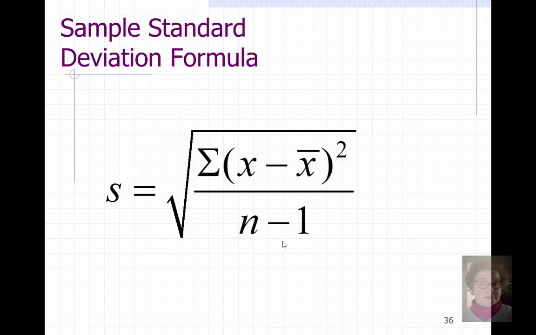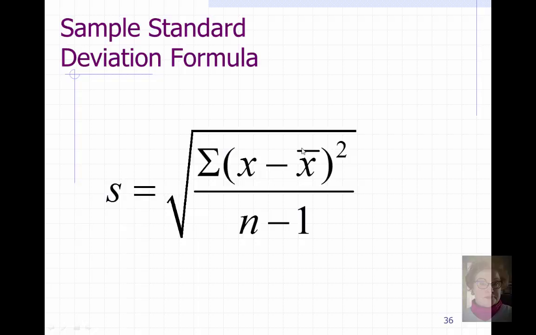Here is the formula. Now, order of operations is very, very important. So remember, we're going to go to the innermost calculation first. So the first thing you do is you take each individual score and subtract it from the mean.